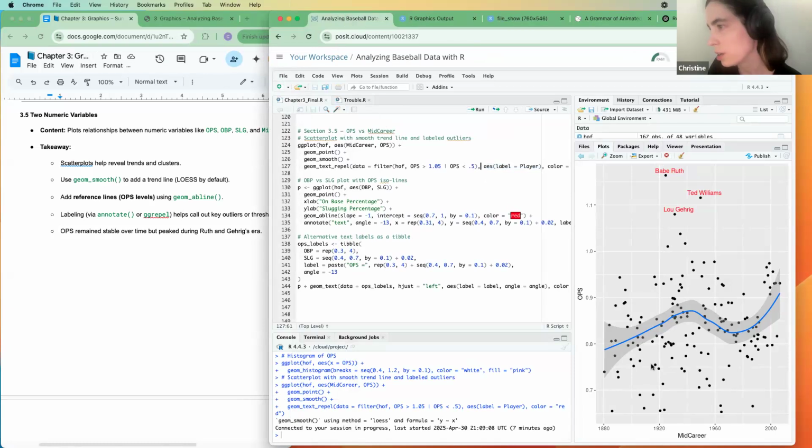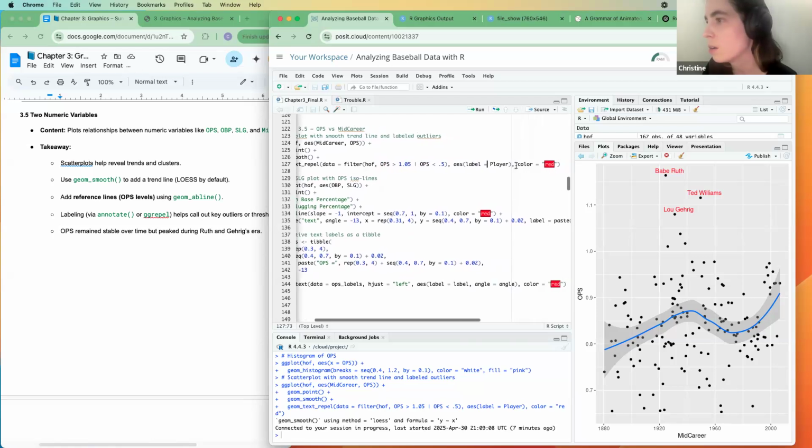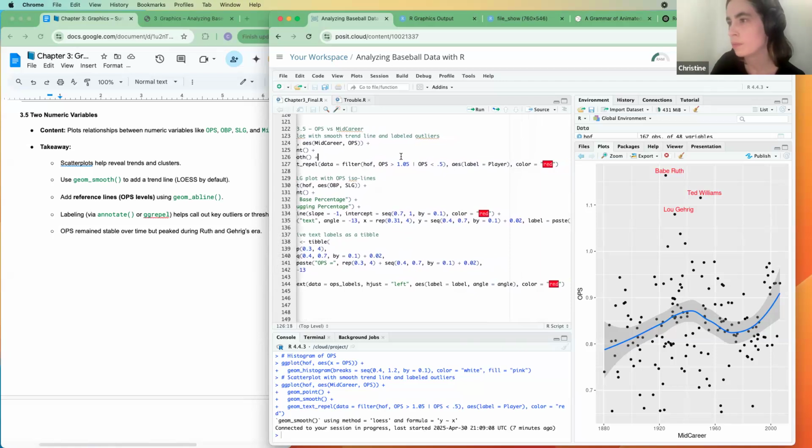And here we were, I don't quite remember why, but I know we were filtering and looking at above 1.05 and then below. I'm not sure if any of you might remember. I thought those are the only ones you'd want to put labels on.